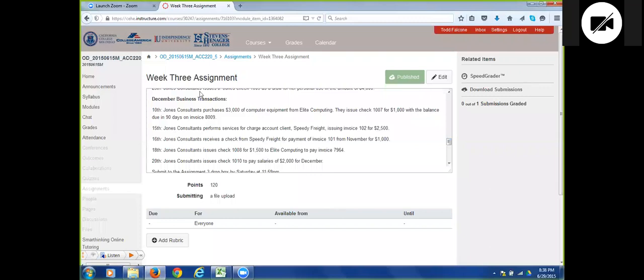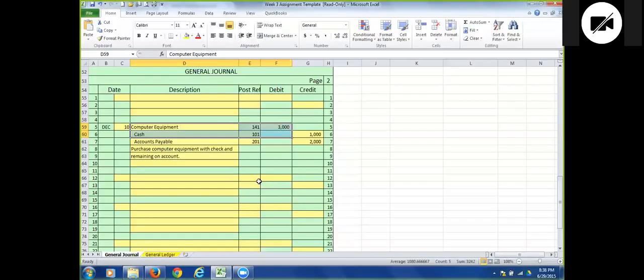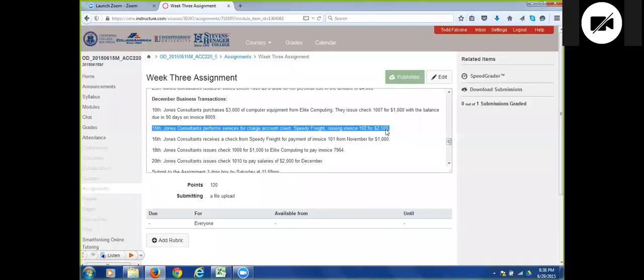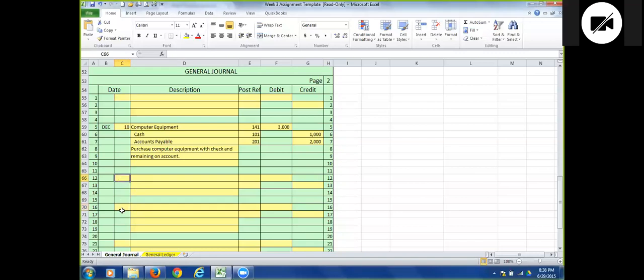All right, December 16th. Jones Consultants receives a check from Speedy Freight for payment of invoice 101 from November for $1,000. So this transaction is going to go down here because we just keep it in chronological order because the 15th is before it. So we're going to look at the 16th.